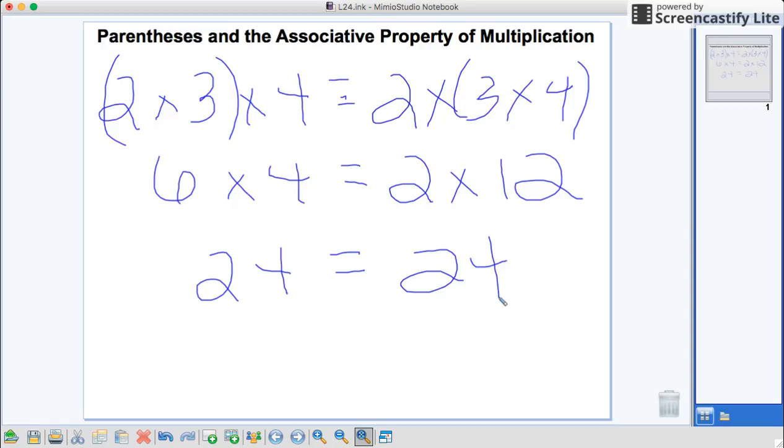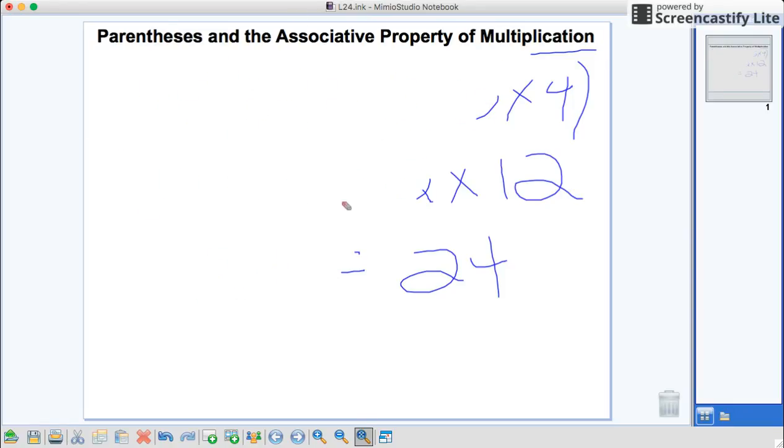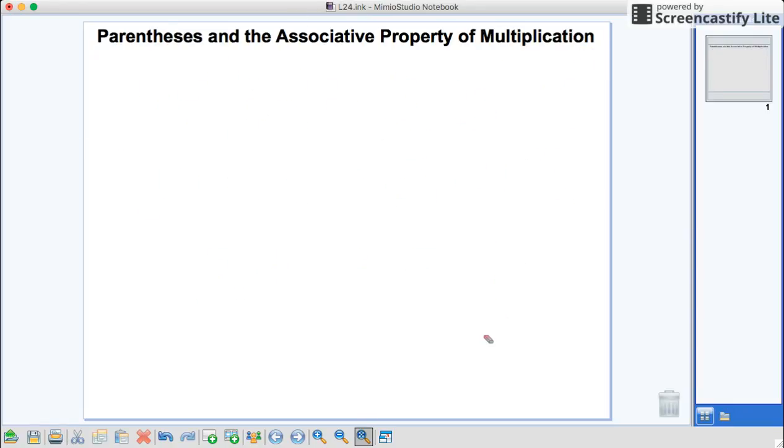Please pause the video and write down this example along with associative property of multiplication. Welcome back. One more thing I'd like us to do. I would like you to work a couple examples and tell me whether or not these examples fit with the associative property.